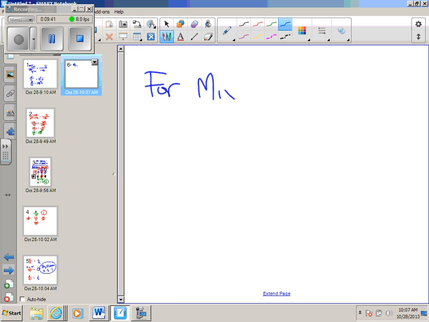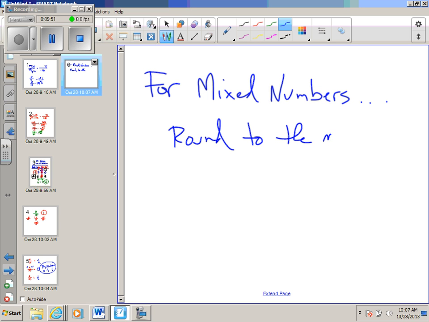For mixed numbers, round to the nearest whole. So if you have a mixed number, you're not having any halves at all. You'll be using half to determine whether you're going to round that up or if it's going to just be the whole number you started with.